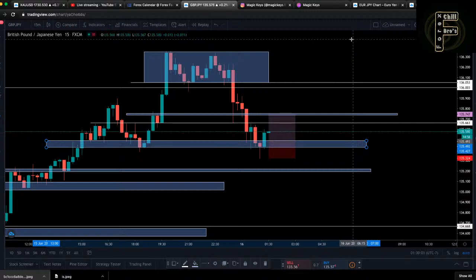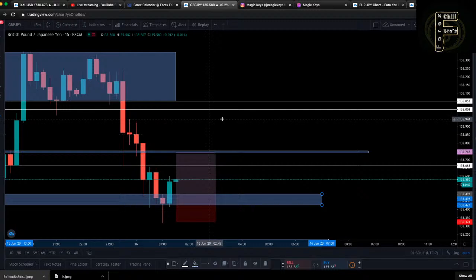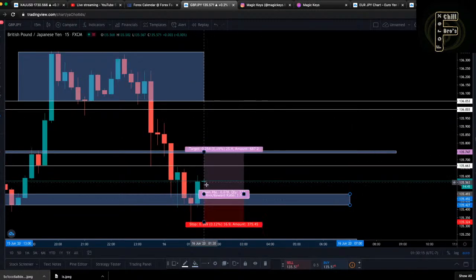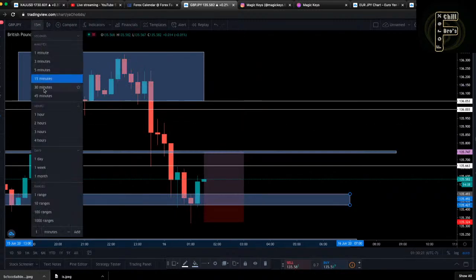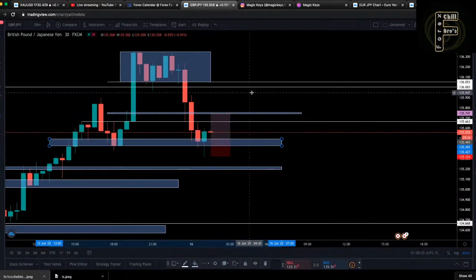I expect price to keep on pushing up, break this high, and just keep going. Or a lower wick, then push up. It formed support on the 30 minutes. 30 minutes is close, so you definitely have a push up.